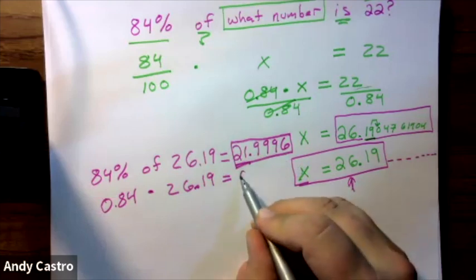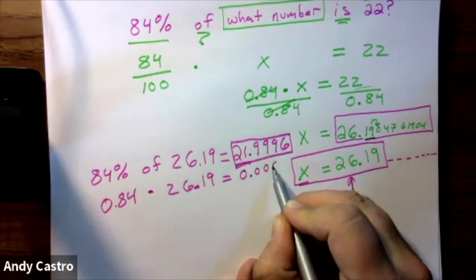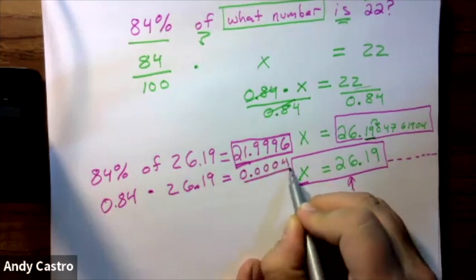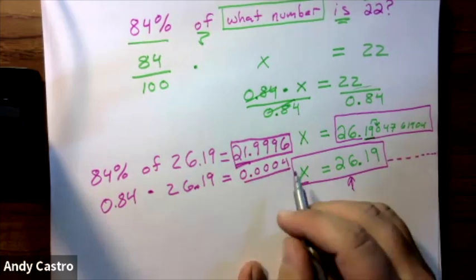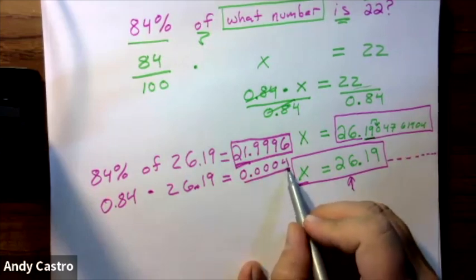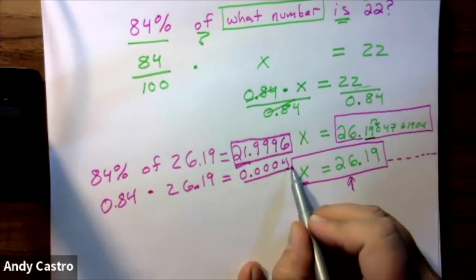In fact, all I would have to add to it is 0.0004. If I add 0.0004, I get right back to 22. So what that tells me is I've introduced an error of 0.0004.